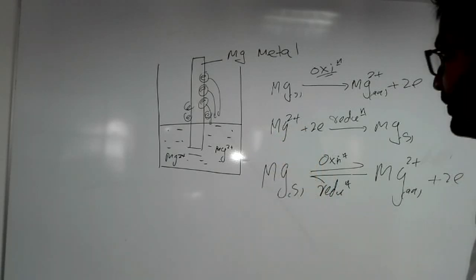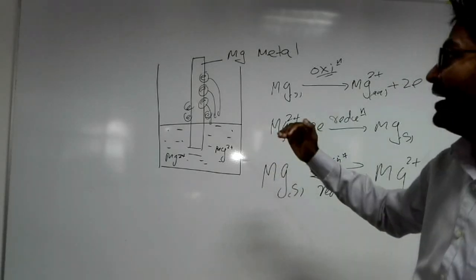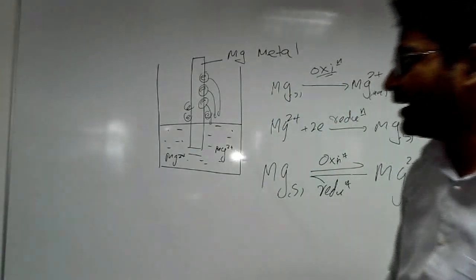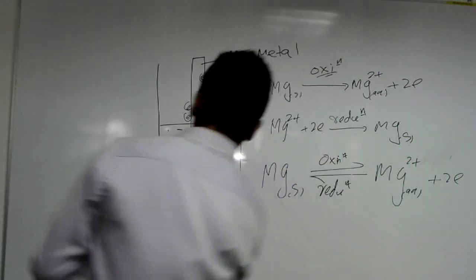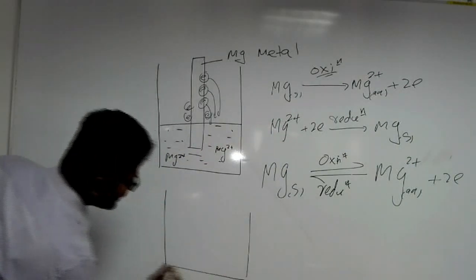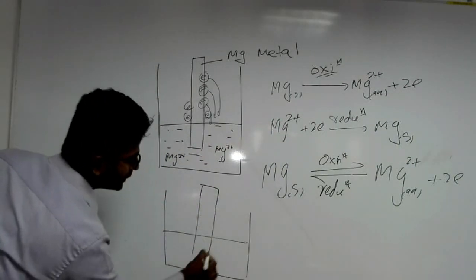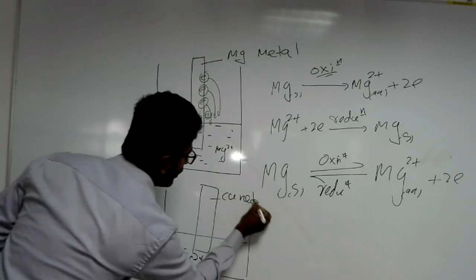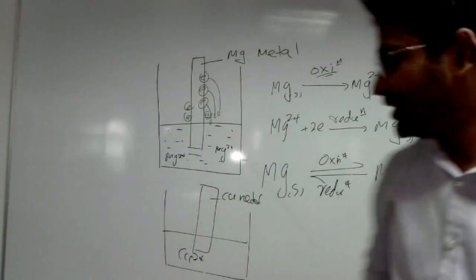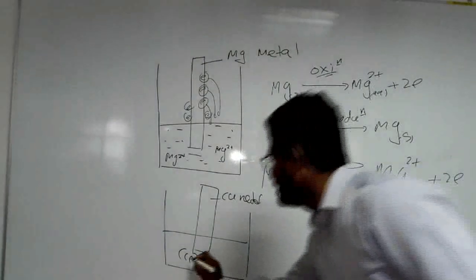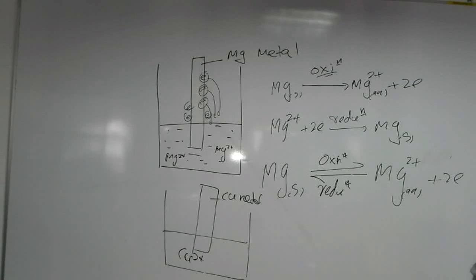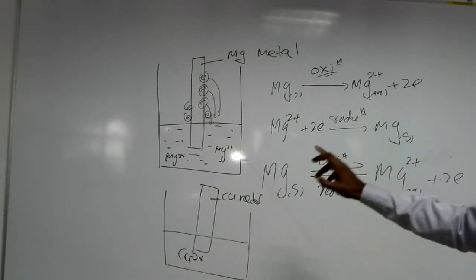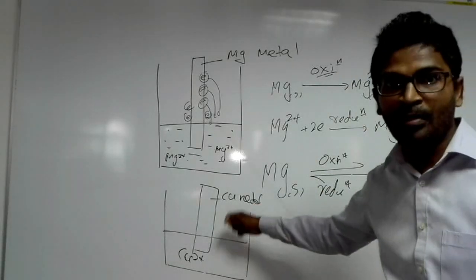Now, considering the same idea, instead of magnesium and magnesium 2 plus ion, if we place a copper rod in a copper 2 plus solution, they may also have the same kind of equilibrium between copper metal and copper ion.